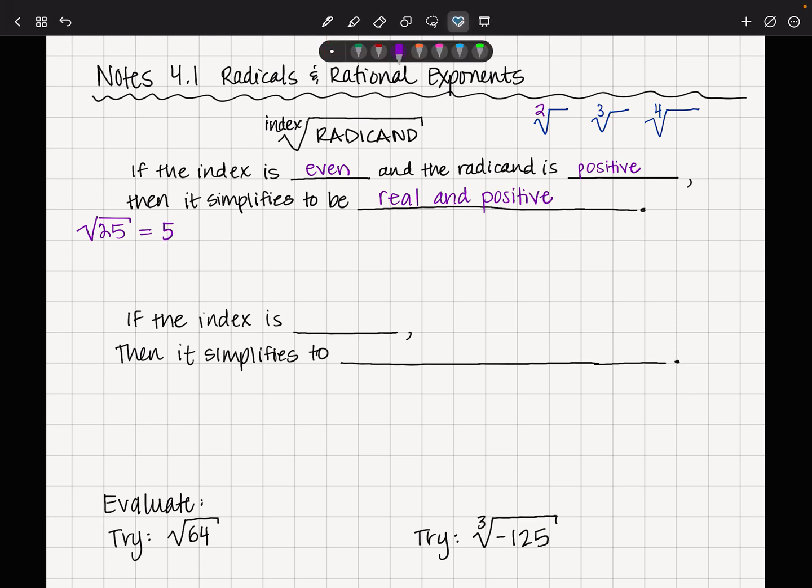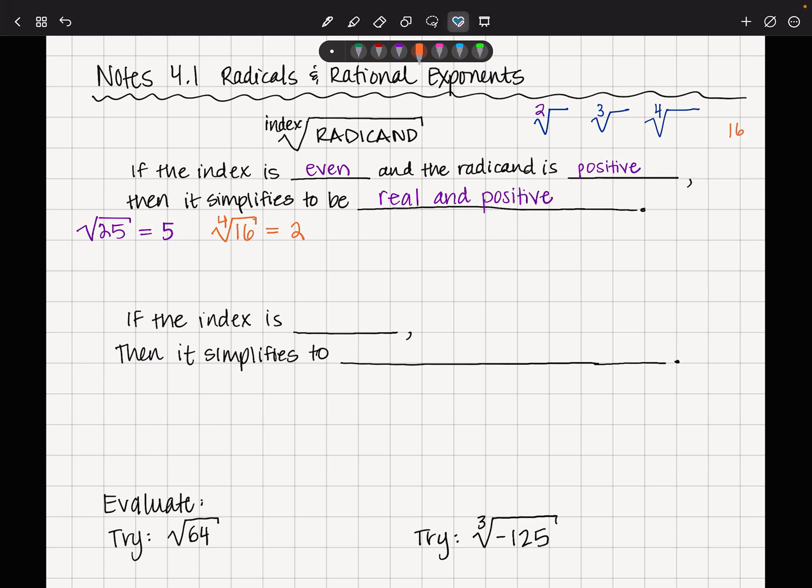Here's another example. If we've got the fourth root of 16, the fourth root is an even index, and 16 is positive. So an even index with a positive radicand is going to simplify to be a real and positive number. And that value is going to be 2.